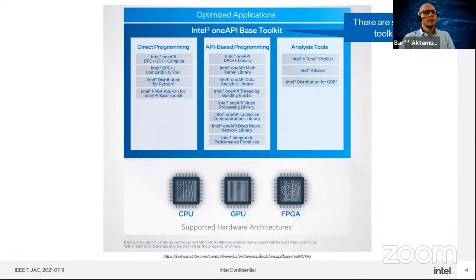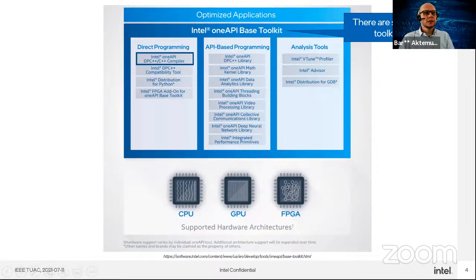Another thing that the base toolkit contains is the direct programming model. The direct programming model means users can take advantage of what One API provides by directly coding, developing software for their applications. And the key part in the direct programming side is data parallel C++.